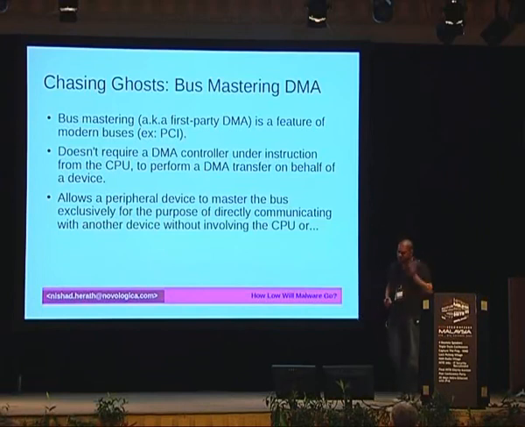And the PCI bus implements this function. There's a lot of devices that implement this function, so you don't need the CPU to program a DMA transfer. The device can initiate a DMA transfer by itself. I don't know if you guys are familiar with the FireWire stuff, where you could do a device-initiated DMA transfer. The FireWire specification allowed it, but at the chipset level, the FireWire chipset sitting on the PCI bus would do the same thing.